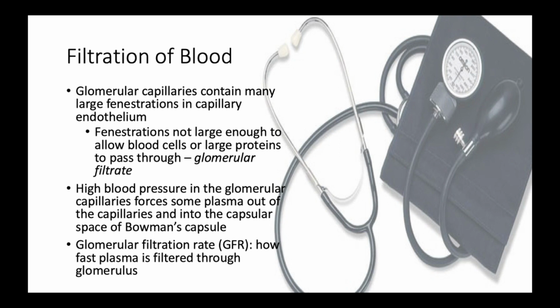And of course, if there's damage, they can leak. So those are the key points to bring home. High blood pressure is responsible for this, helps push the plasma out and through that filter. And then glomerular filtration rate, or GFR, is how fast the plasma is actually filtered through the glomerulus.